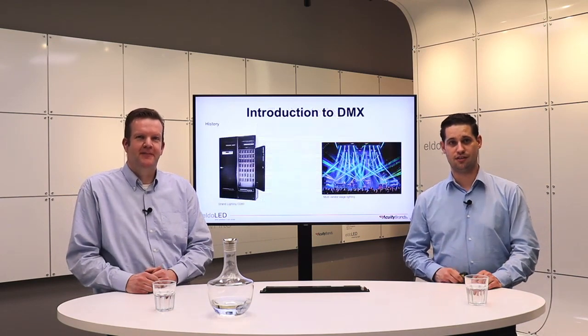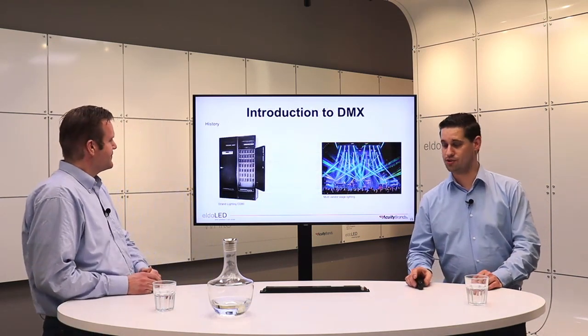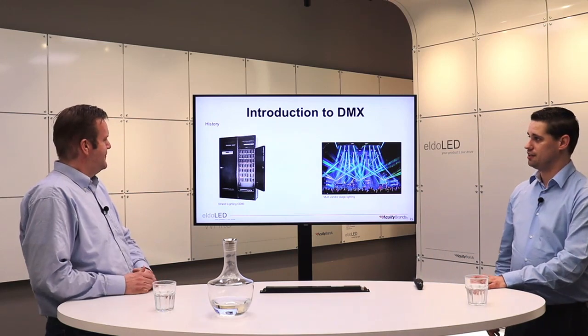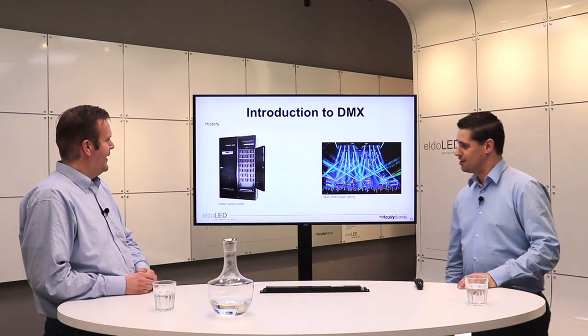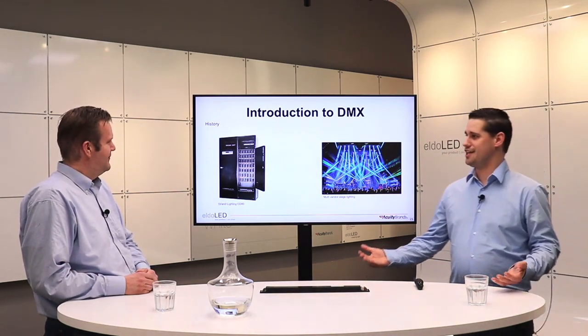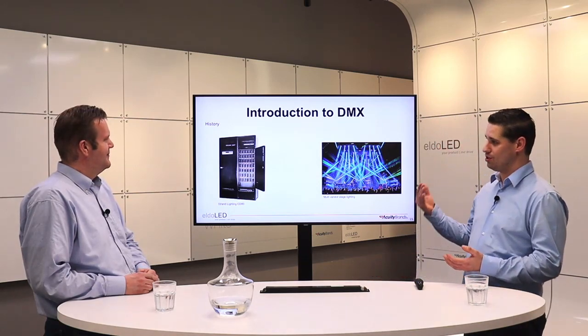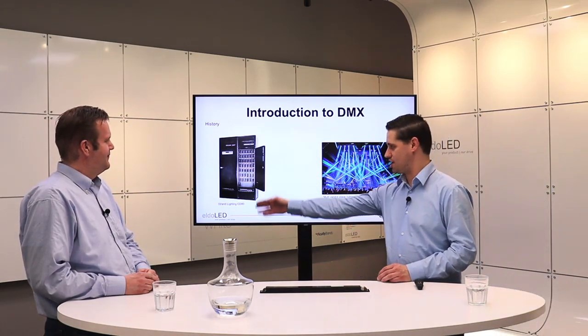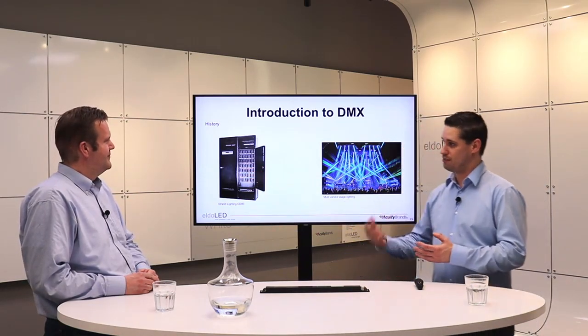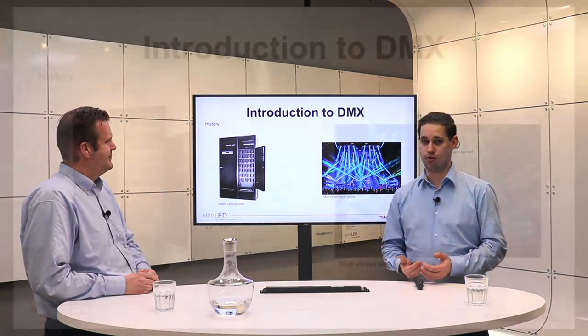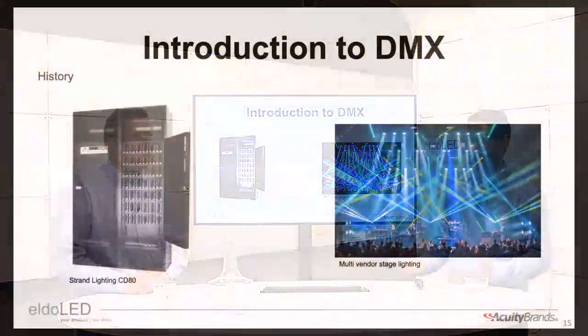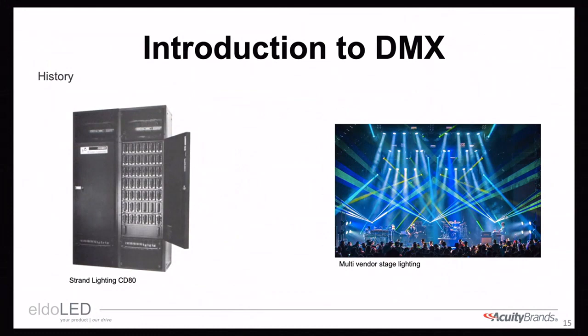So let's start. Starting with the introduction to DMX. History. Where did it all begin? It all began basically in the 80s when all the theater equipment had centralized DC dimmers, dimmer packs, dimmer racks, which were all based on proprietary control systems. The link between multiple different vendors was almost impossible in those days.